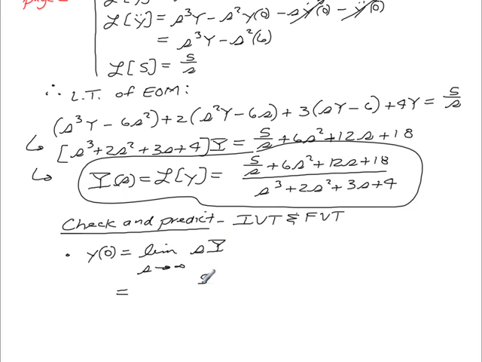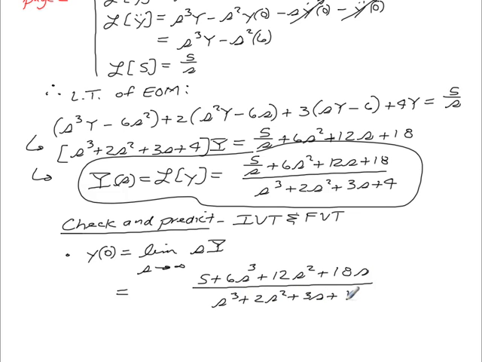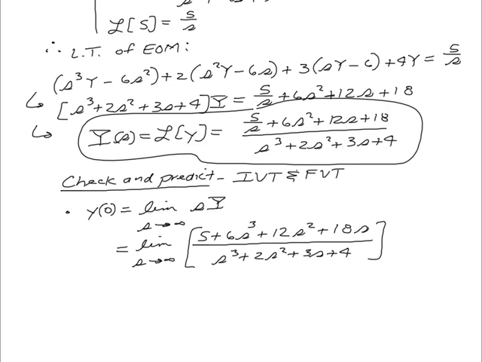So what we have here is s times 5 plus 6s squared plus 12s plus 18, over s cubed plus 2s squared and so on. Again, we're taking the limit here as s goes to infinity to find the initial condition for y.